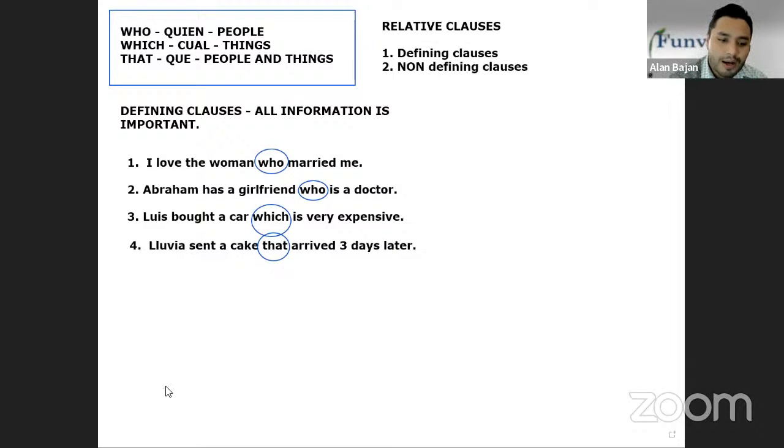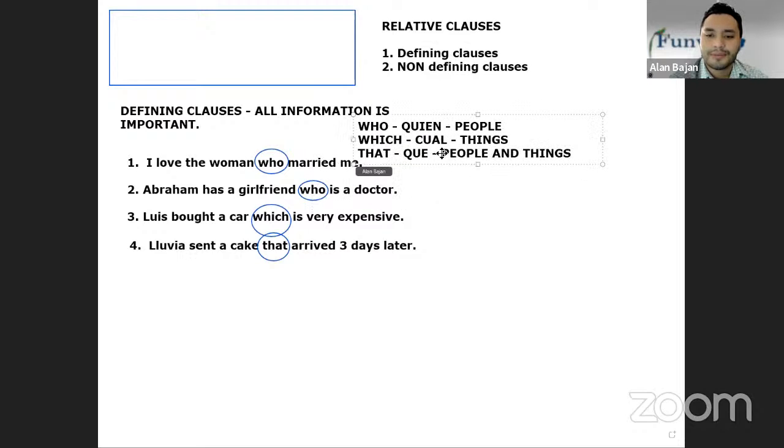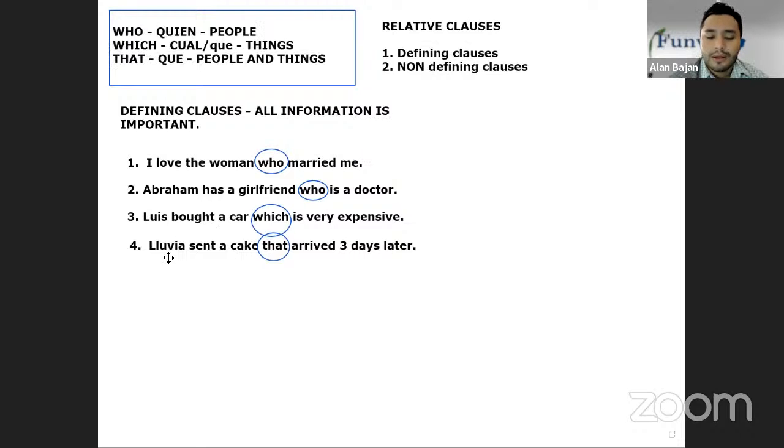Which means cuál o que es muy caro. ¿Sí? Lluvia envió un pastel que llegó 3 días después. In defining clauses, all the information is important.